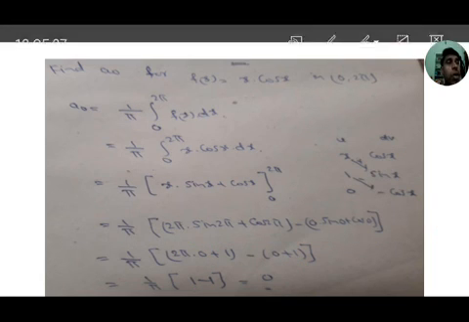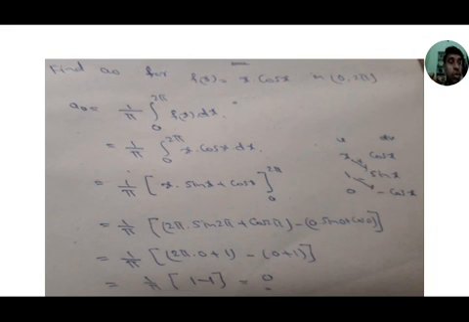Here only the integration is somewhat difficult. Not difficult, compared to before, it is integration by parts or Bernoulli's rule. Here I am using Bernoulli's rule or integration by parts.